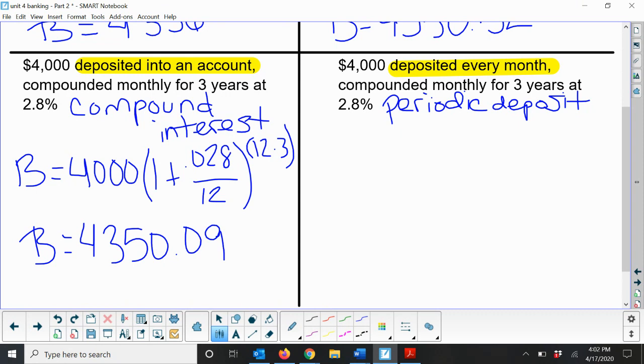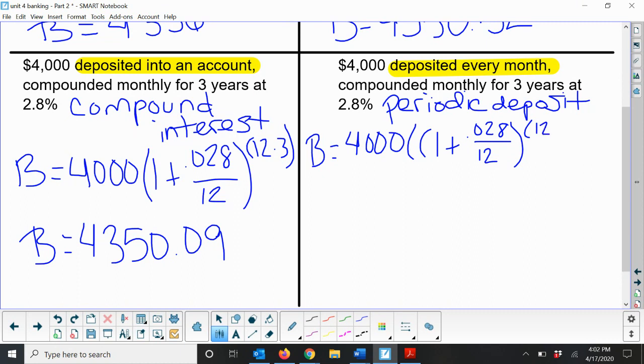And then over here for periodic deposit, a little bit more complicated looking of a formula. This one, you've got to be super careful that you've got all of the required parentheses in there and you don't miss anything when you are writing it out and also when you are typing it in. And I always suggest that you write it out on paper first and then type it into your calculator once you have written it out.